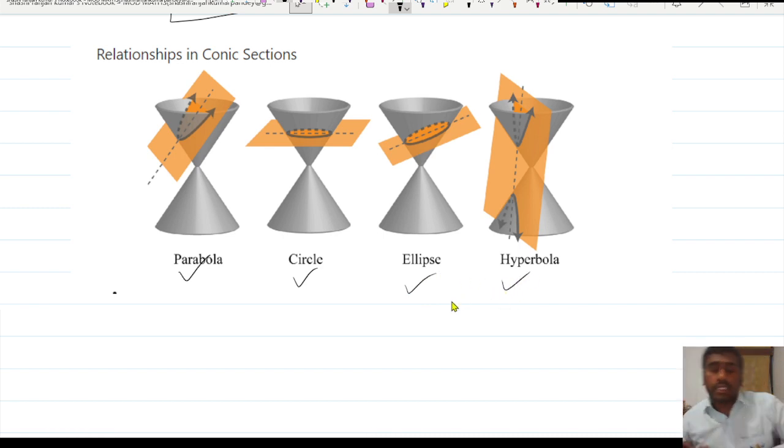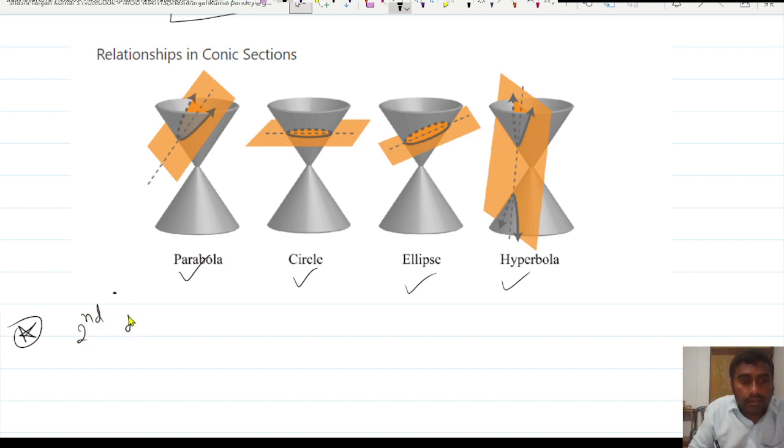Now all these can be represented using the second degree general equation. We will discuss this in detail in the JEE or competitive exam video, because in NCERT it is not discussed or used that much. But let me show you the second degree general equation.